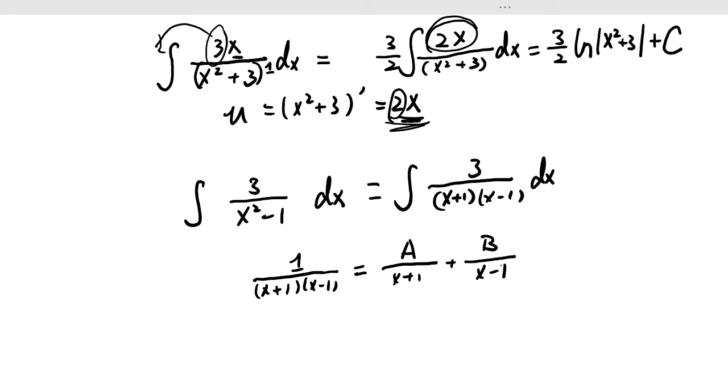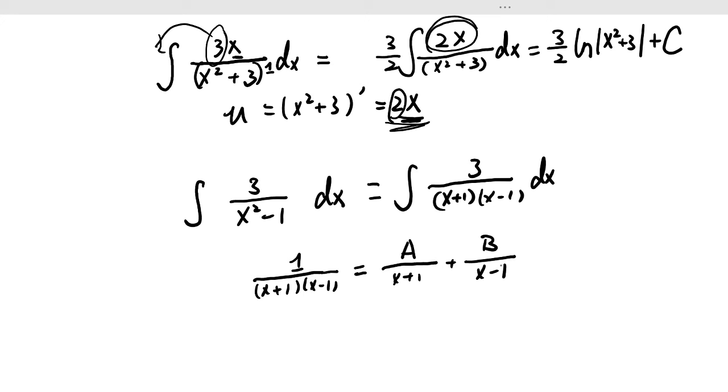Whenever I get a and b, the problem is going to be solved, because I have no trouble taking the integration of a constant divided by x plus 1, because u prime is 1. And I have no problem taking an integration of b over x minus 1, because the derivative of x minus 1 is still going to be 1. So whenever we find a and b, the problem basically is solved.